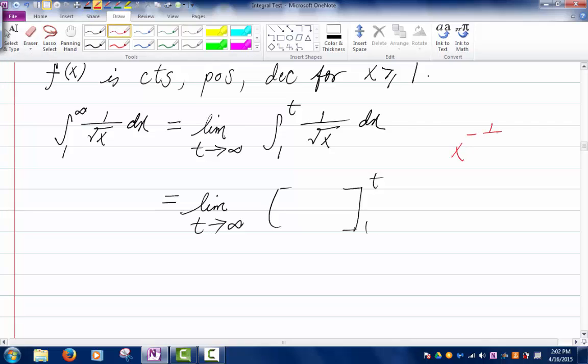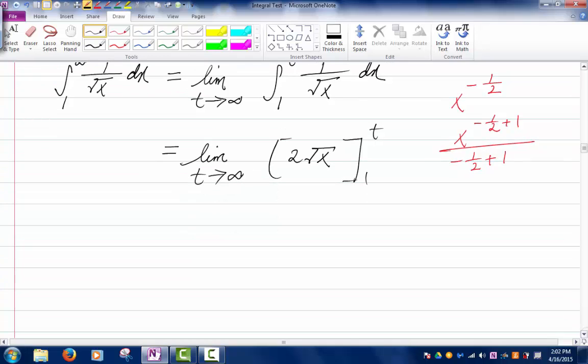It's x to the negative half, so the integral would be x to the negative half plus 1 over negative half plus 1, right? So if you simplify that, what do you get? Do I get 2 times root x? You agree with that? Right, x to the half, and then I have a half in the denominator, so that's going to become a 2. And then I am going to plug in t and 1.